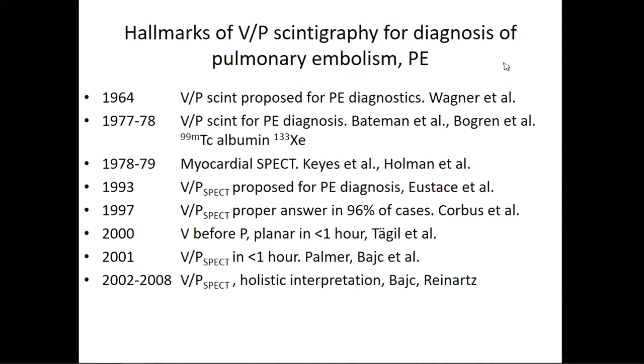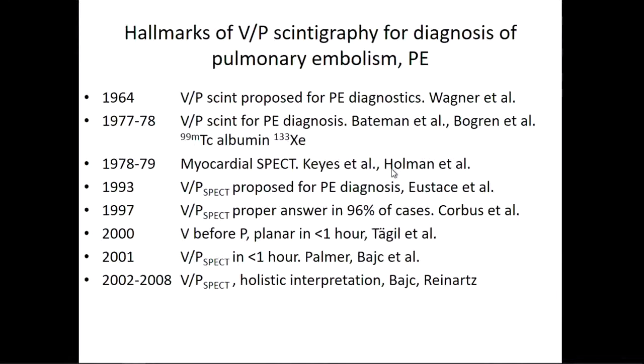If we go through some of the hallmarks of the development, in 1964, as previously said, the first scintigram was performed to do PE diagnostics. A decade or so later, we had some small patient materials.